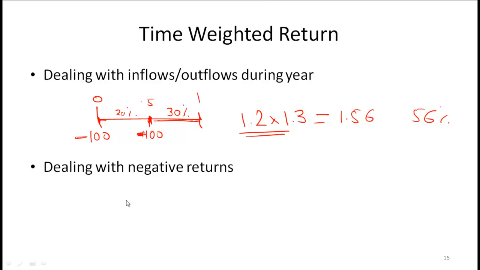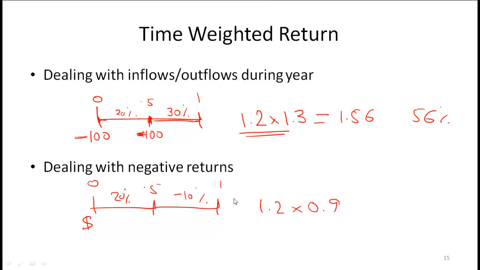How do you deal with negative numbers? So if you invest some money here, and in the first 6 months you get a 20% return, but in the next 6 months you lose 10%. So your return for the year would then be 1.2 multiplied by 0.9.